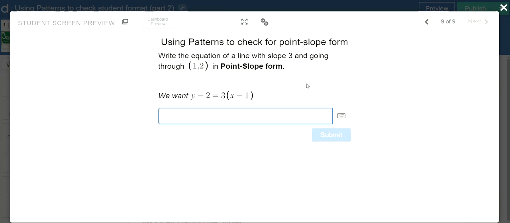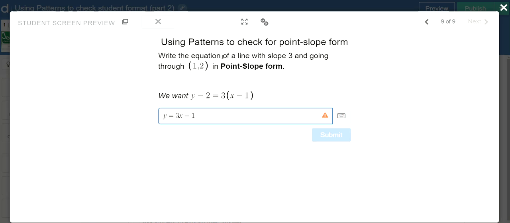Now, what we don't want students to do is solve for y, which a lot of students will do. So they will look at this and type in y equals 3x minus 1, which is algebraically equivalent, but it's not the format we want to see. So we get this little error message, same as before.